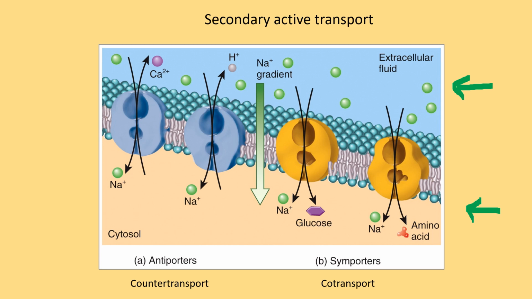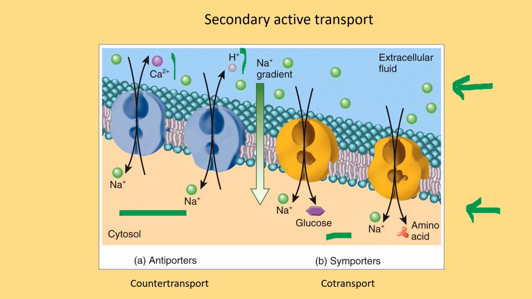If the transmembrane protein is an antiporter, the cell will allow sodium to enter while exporting a particular ion, in this case, either calcium or hydrogen. And for the symporters over here, both these symporters allow sodium to cross from an area of high concentration to an area of low concentration.